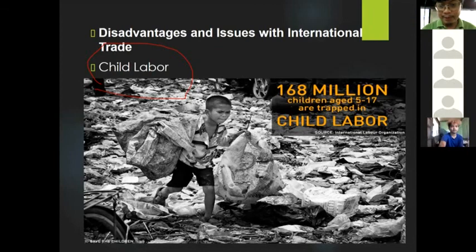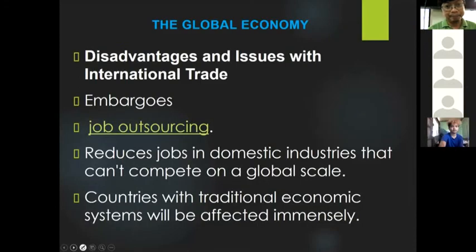And because of poverty, dumarami din yung mga bata na at the young age ay nagtatrabaho, or that is the phenomenon which is called child labor. Embargoes, nasabi ko na kanina yung embargo, yung isang samahan ng bansa, pwede silang mag-declare ng ban on importation.